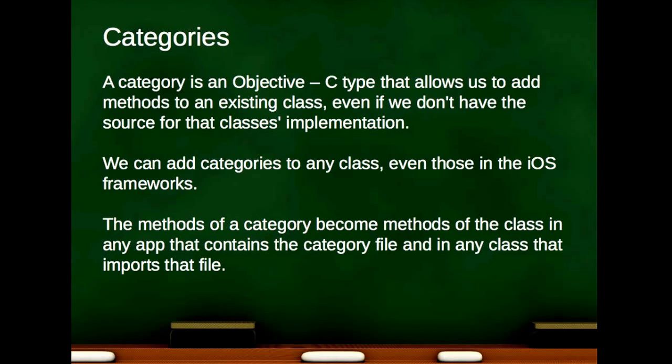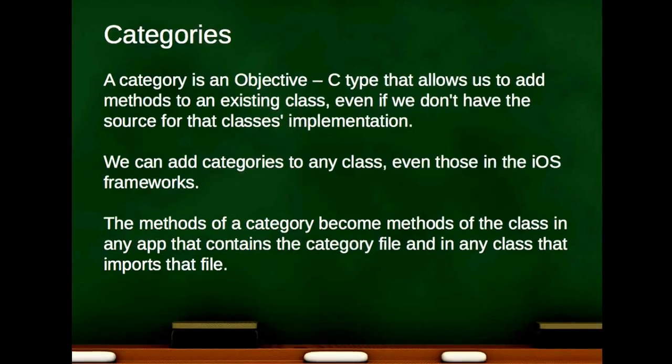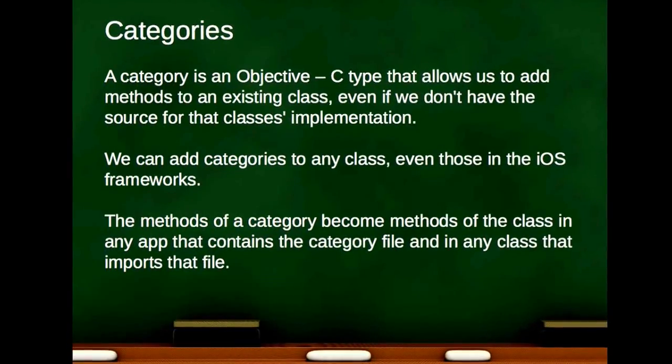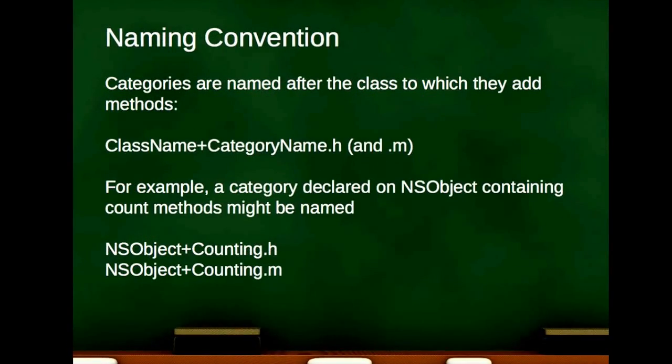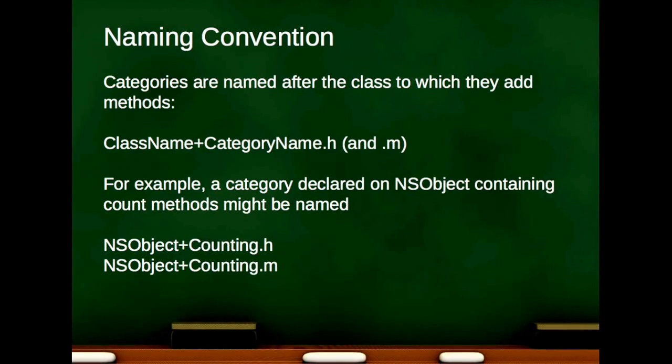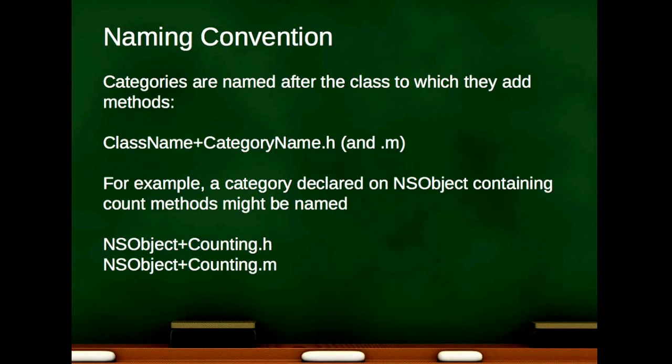In any app that does this, it must contain the category file, and the class that we're going to use those category methods in must import the category file. So categories are named by default after the class to which they add methods. And this is going to be set up for you when you create a new category in Xcode.